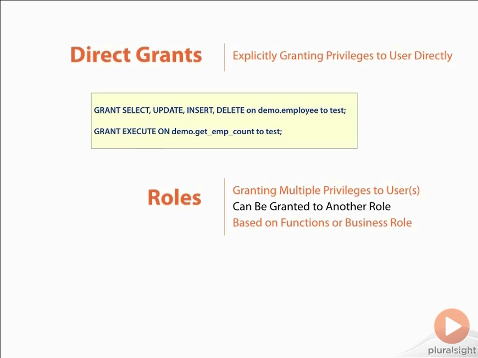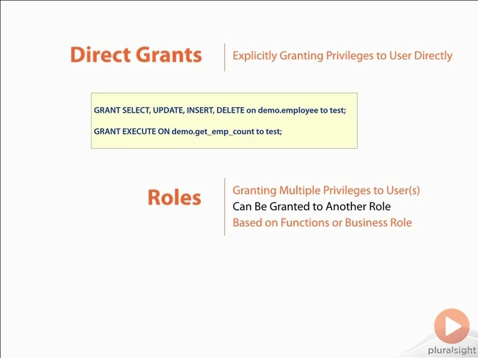Then, instead of providing direct grants to each and every employee in the accounting department, you just assign them the one accounting role. That way, if you add or remove privileges from the role, it reflects on all the users having that role. So it allows managing privileges at a group level.